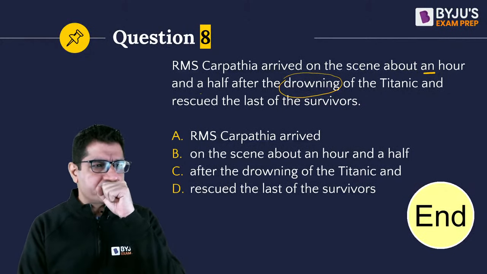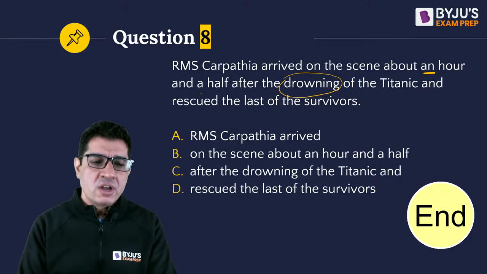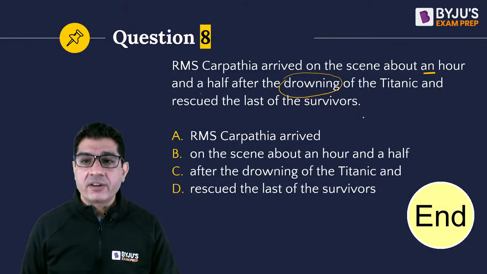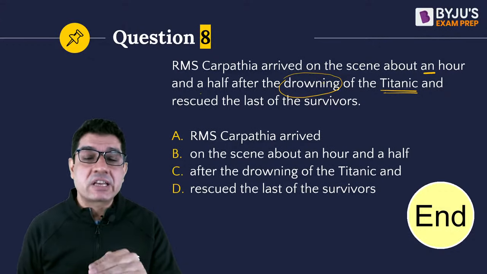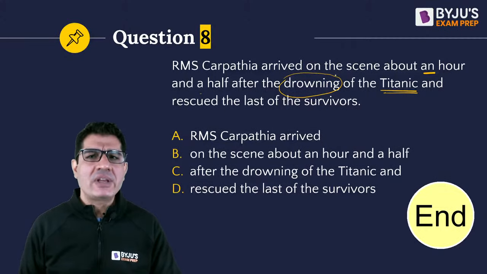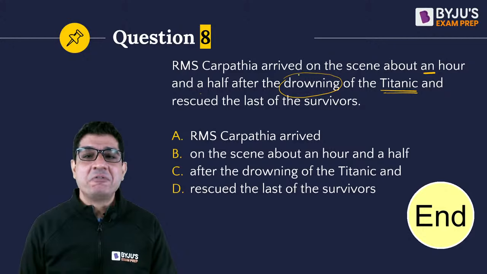So I can say there have been 3 drownings in the lake close to my house over the course of last year. But here, it is a ship that has gone below the surface of water. When that happens to a ship, we do not call it drowning, we call it sinking.